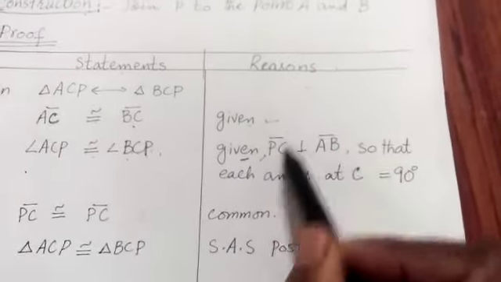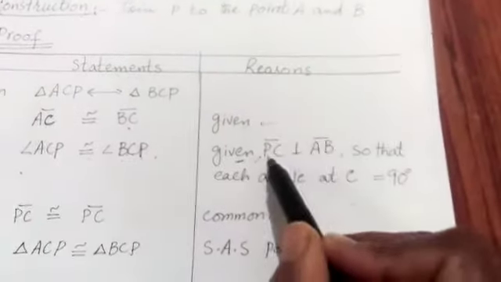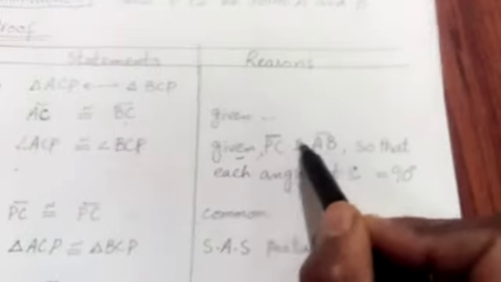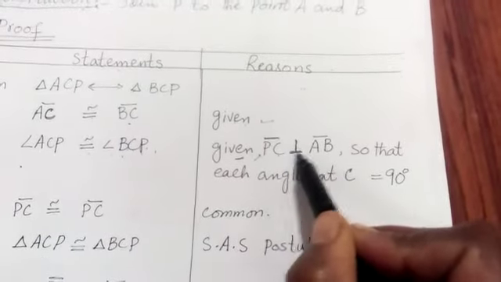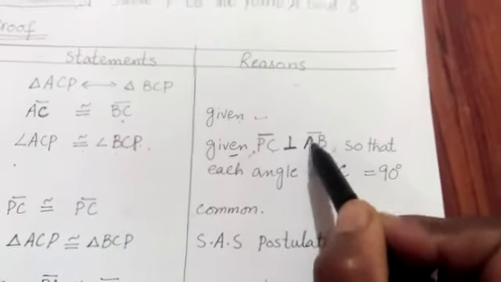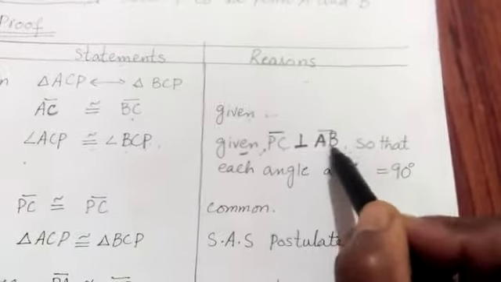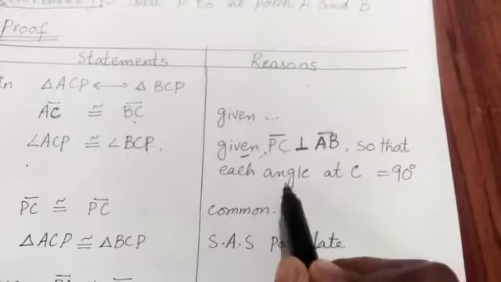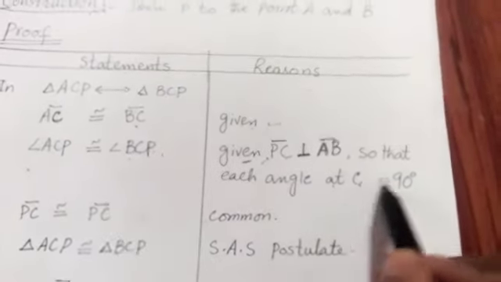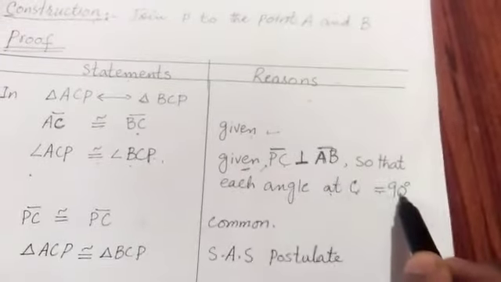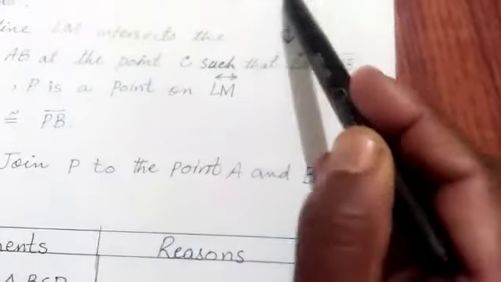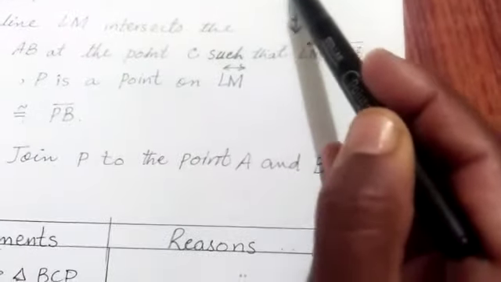In the given, they said PC line is perpendicular to AB line segment, so that each angle at C is equal to 90 degrees. Look here. This is perpendicular to this, and there are two angles, both of 90 degrees.